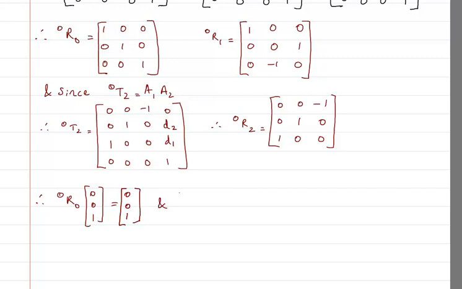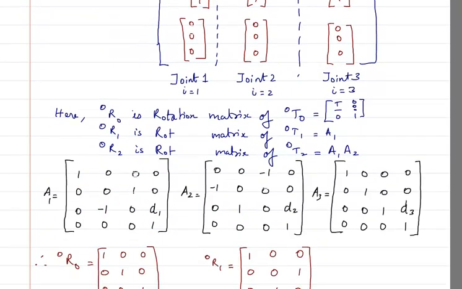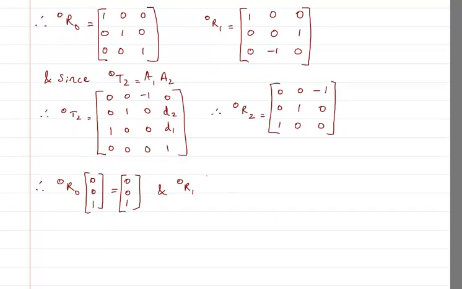And the next one is 0r1, isn't it? The next column we are having is 0r1 multiplied with 0, 0, 1. It means that I am going to straight away take the third column from here.